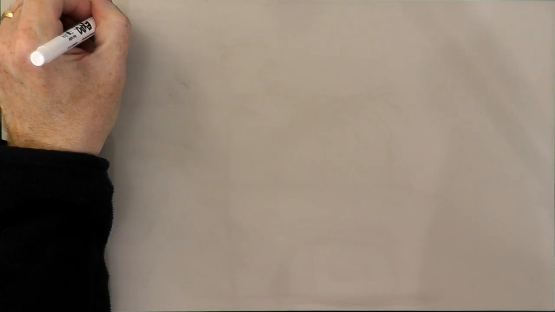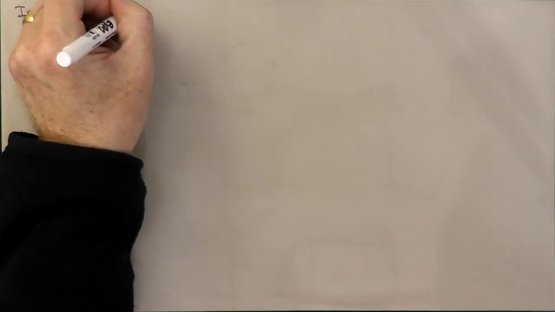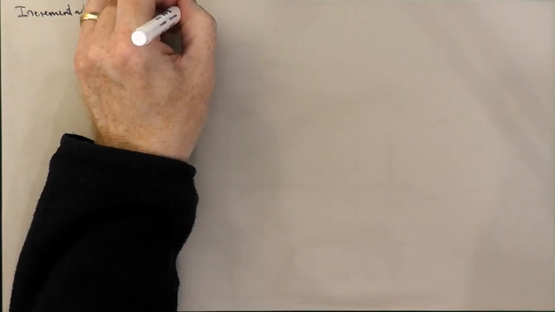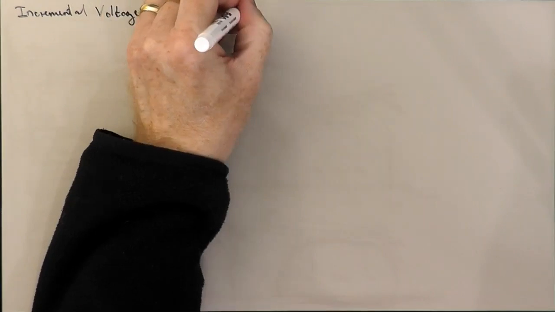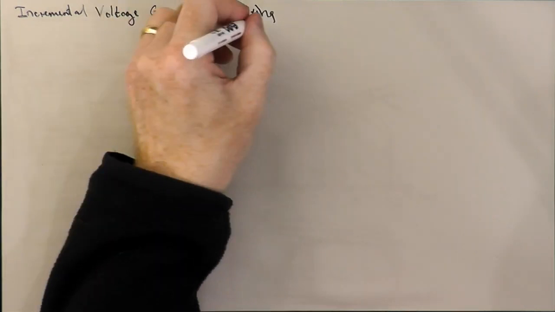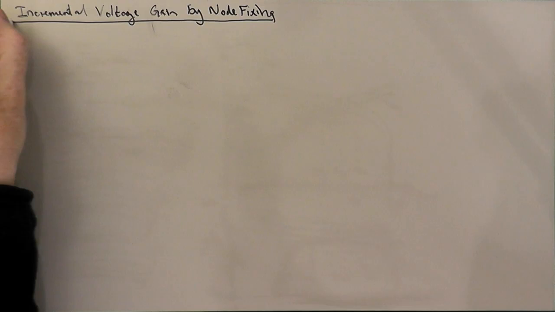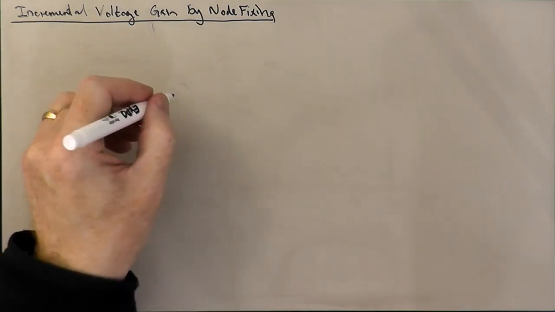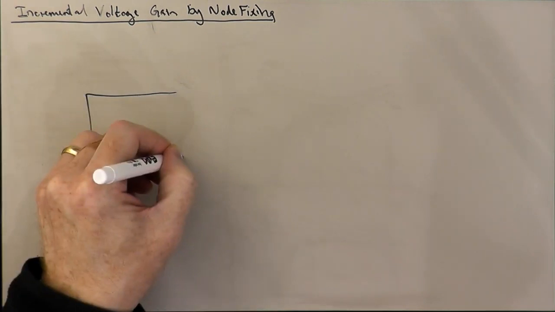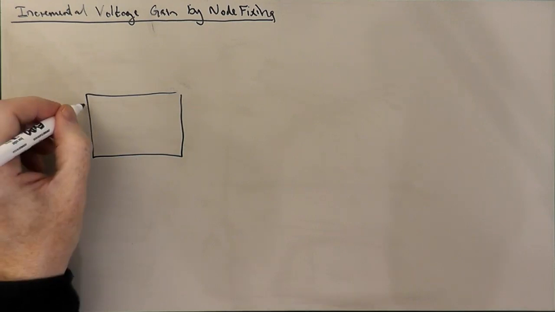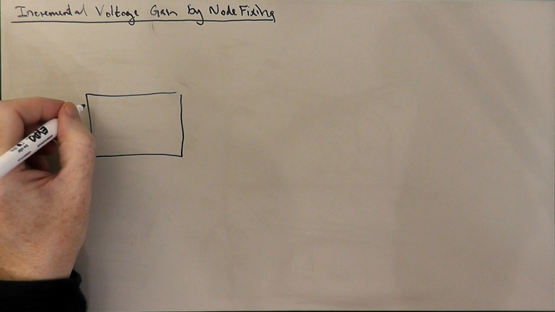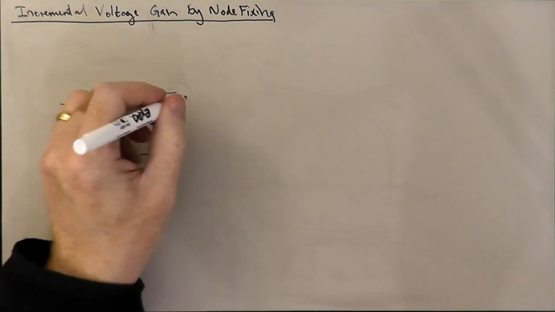So incremental voltage gain by node fixing. And we have here a circuit, which we'll abstractly represent as a box. And we have here an input port and an output port.